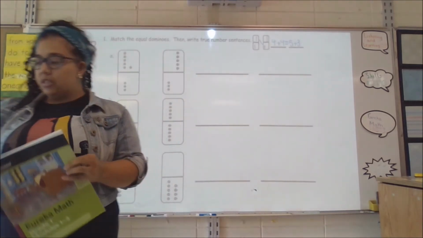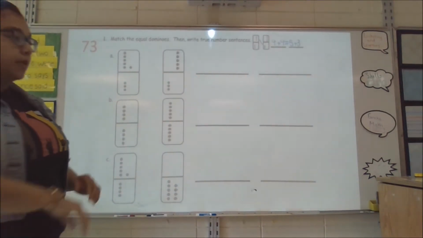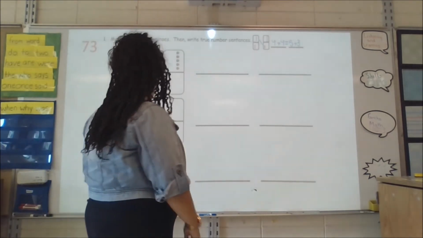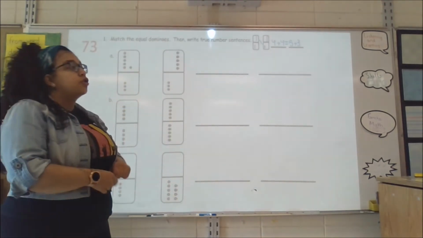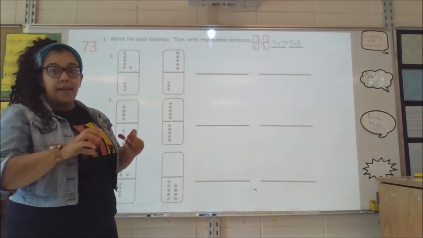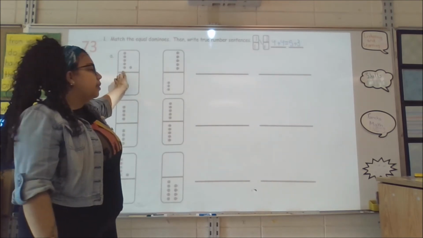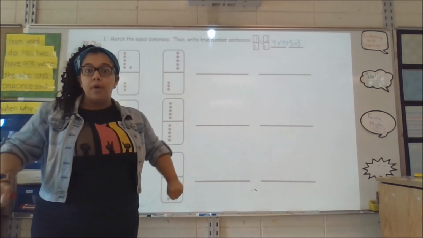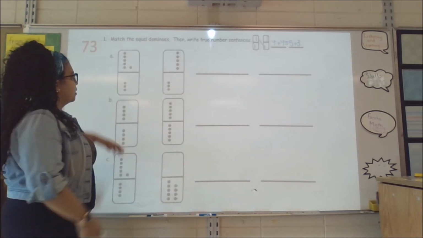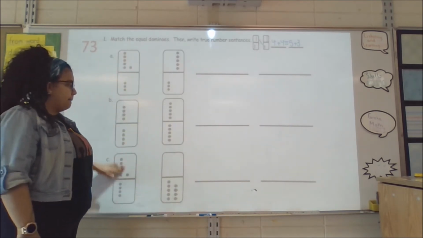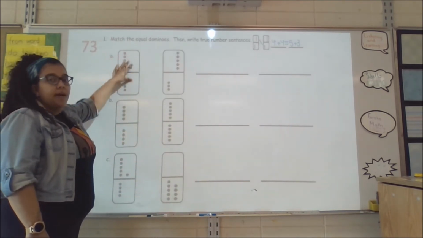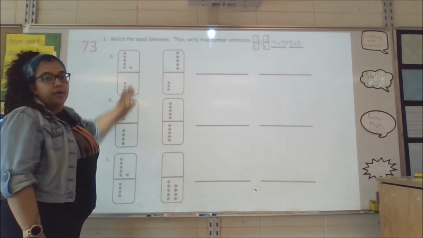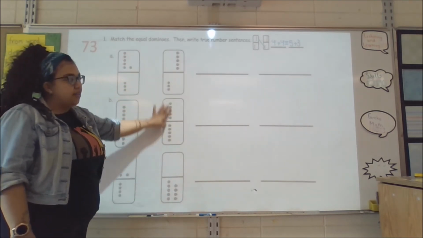We're going to match the equal dominoes into number sentences. The way this is positioned is that each domino, that line in the middle of the domino, is showing your two parts. So what I want us to do is to write our number sentence as depicted on these dominoes first, and then we'll find their matches.